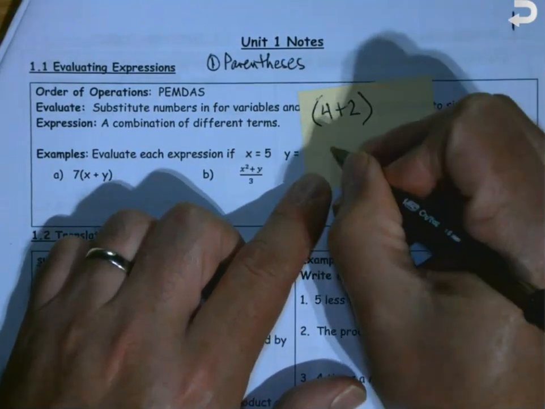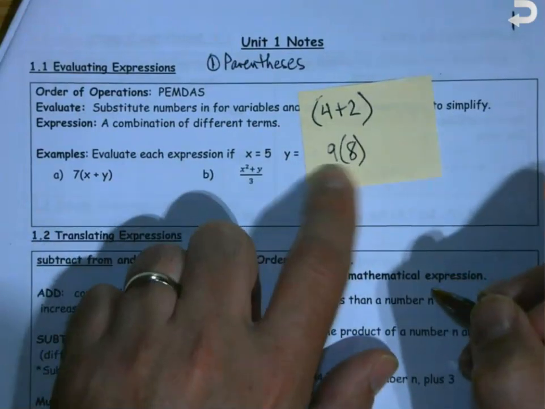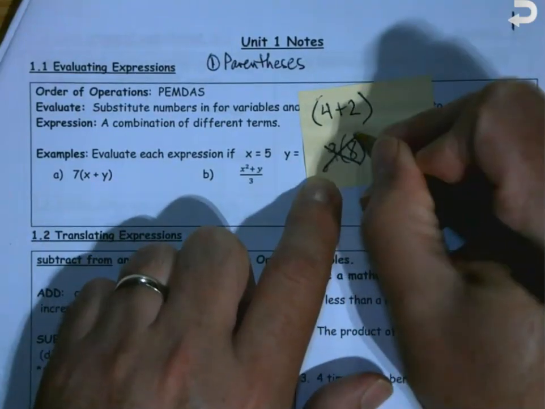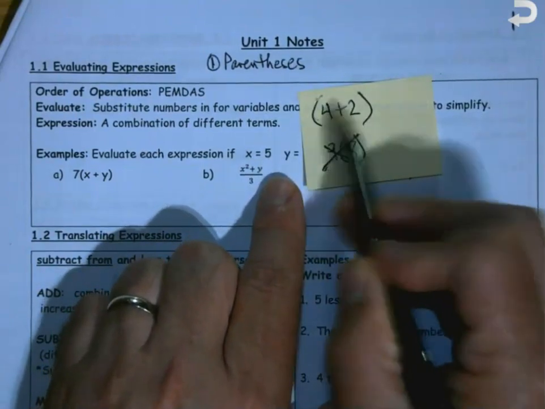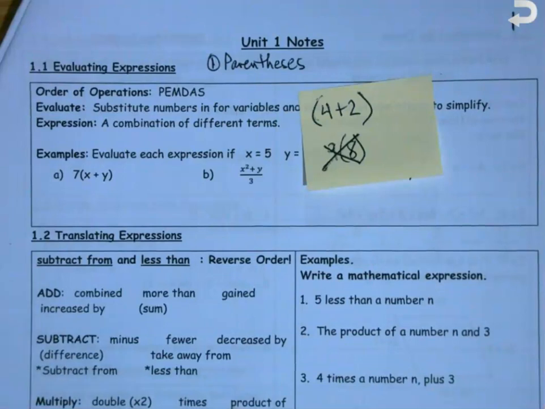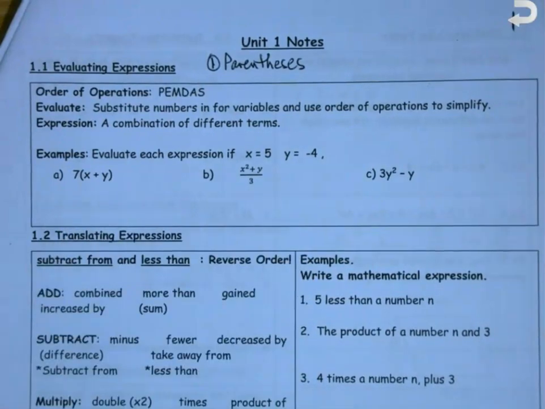Not 9 times 8, because sometimes we use parentheses instead of the multiplication. That's not what we're talking about here. We're talking about an actual operation that goes on inside. So we want to make sure we keep that in mind. So that's always going to be what we look for first.